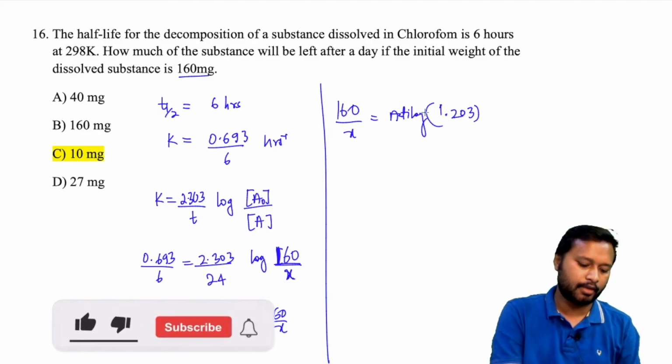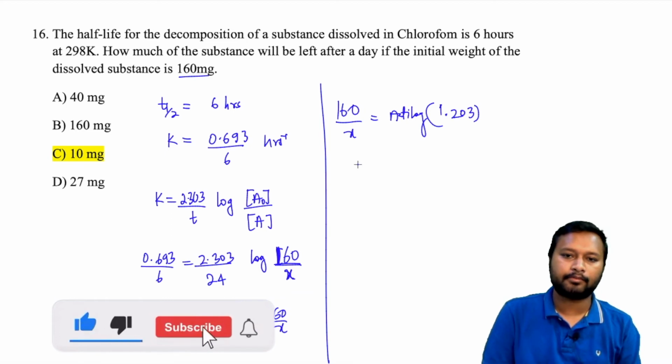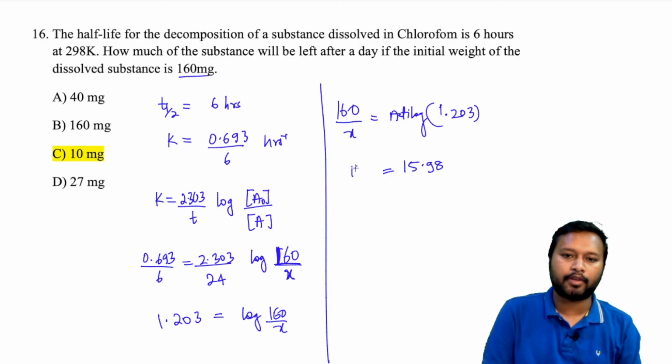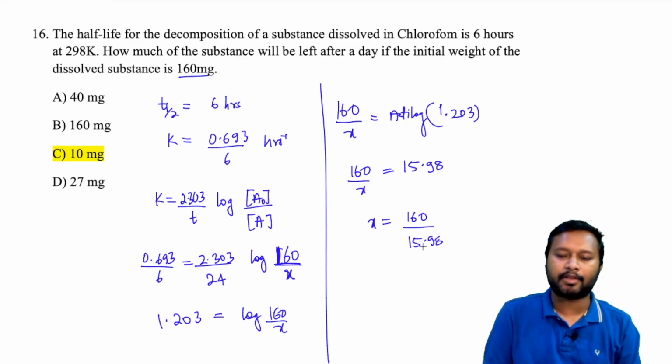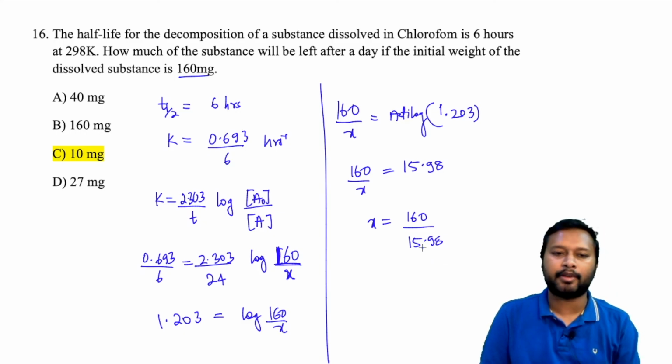This whole thing is going to be 15.98, that is 160 upon X. So X will be around 160 divided by 15.98, which will come roughly around 10, because 160 divided by 16 will give you 10.